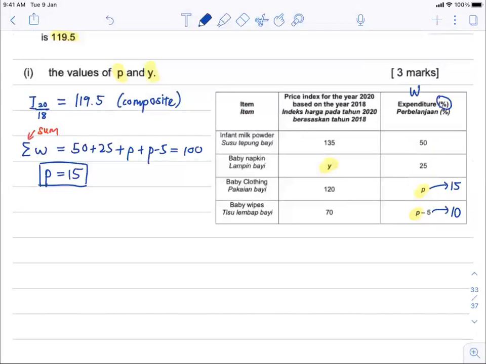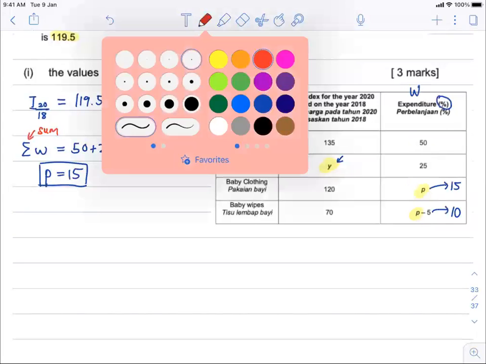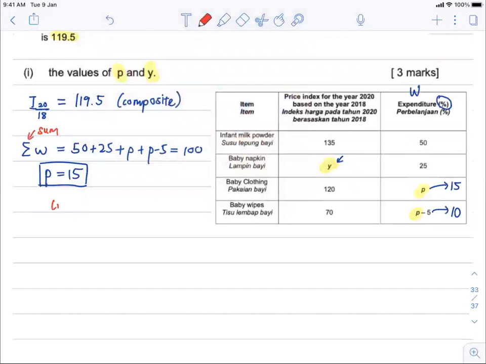We need to find Y, this one. To find Y, right, we need to use a formula for composite index. So for composite index, we have this formula, I equal to summation IW divided by sum of W, whereby I is index and W is weightage.